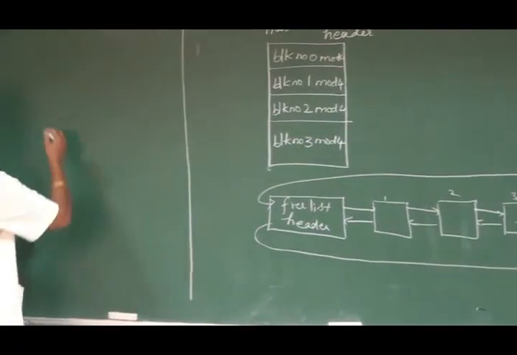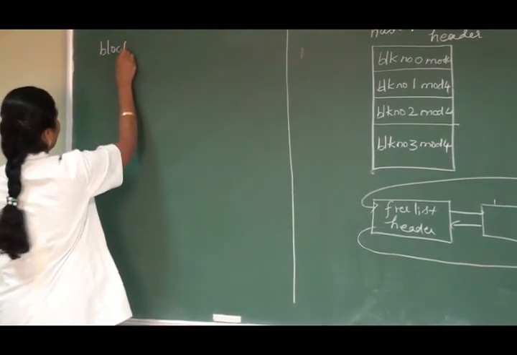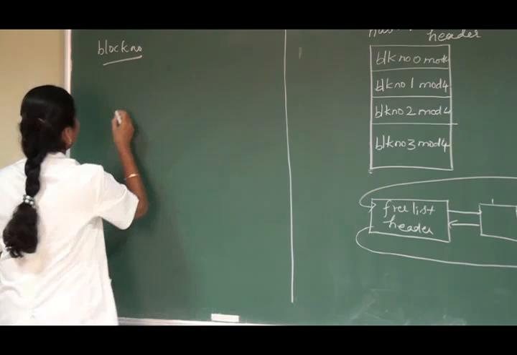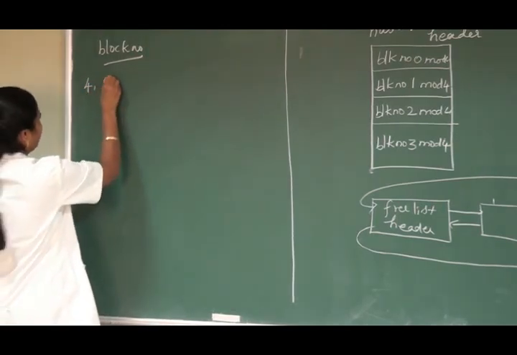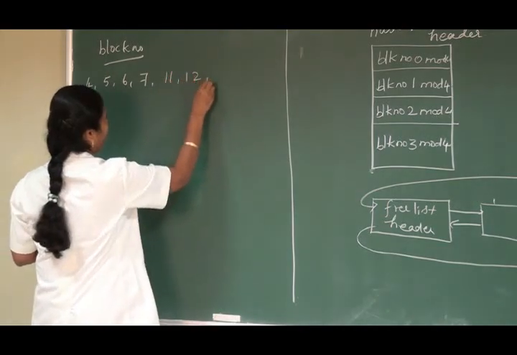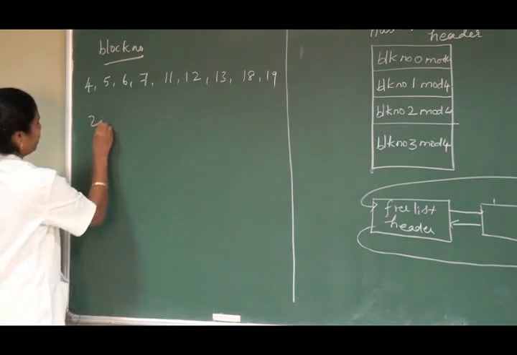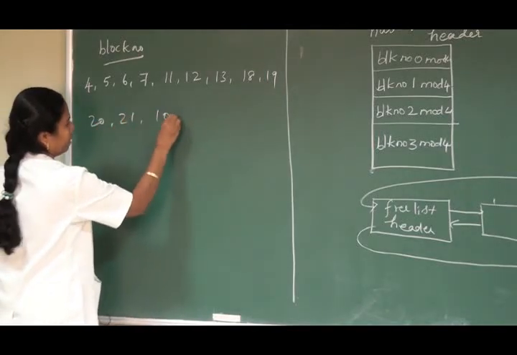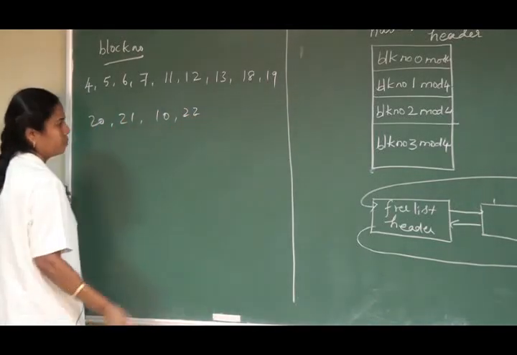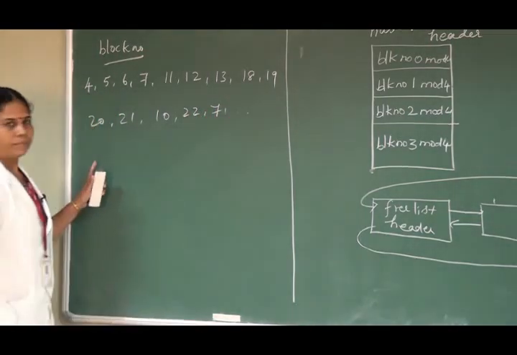Now we have demand for the buffers, block numbers 4, 5, 6, 7, 11, 12, 13, 18, 19, 20, 21, 10, 22, 7, etc. Okay.